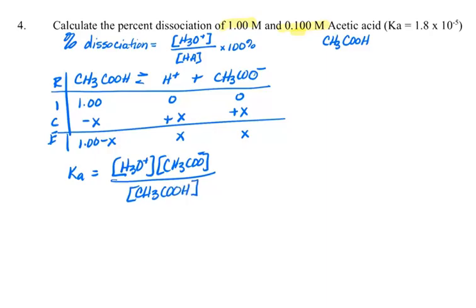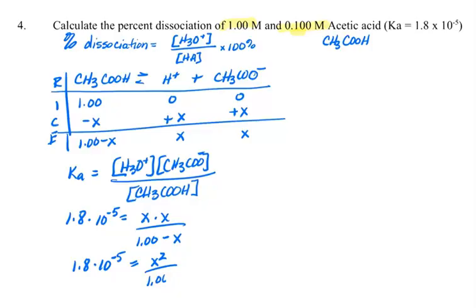Okay. So when we put our X's in, we get 1.8 times 10 to the negative 5 equals X times X over 1 minus X. We are at 10 to the negative 5, so using the 5% rule is acceptable, as is generally going to be the case here.